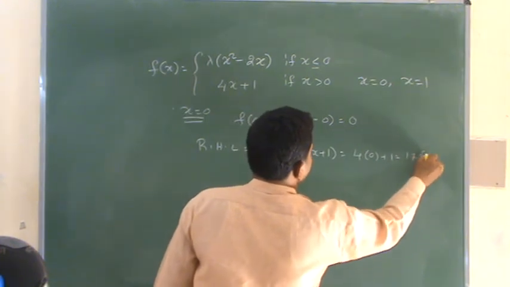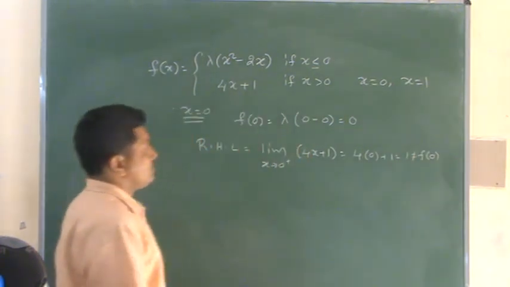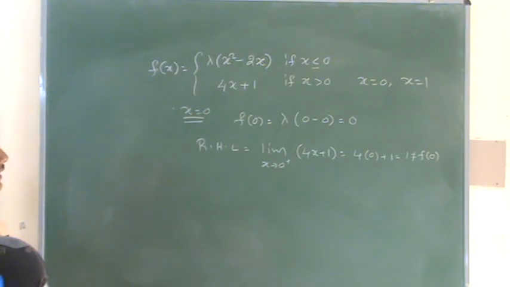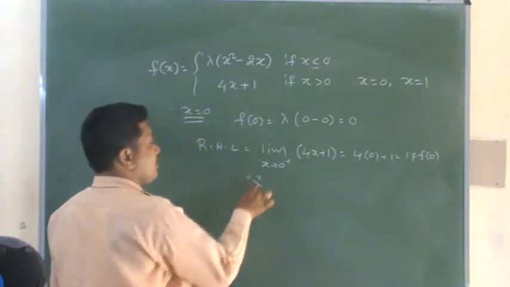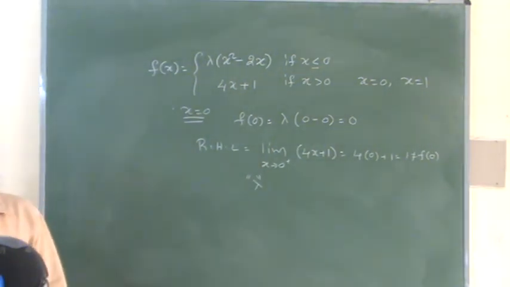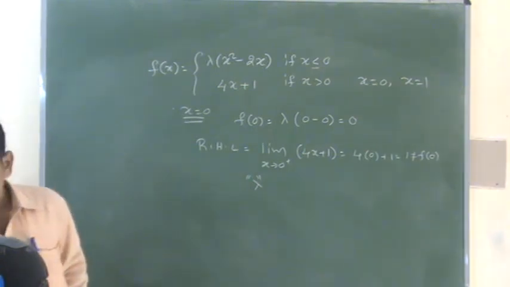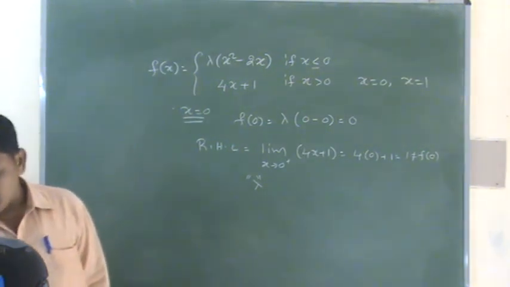It is not equal to f of 0. So clearly the right hand limit is not equal to that 0 value, right? Therefore there is no value of lambda. The conclusion is that f of x is not continuous at x is equal to 0 for all values of lambda.